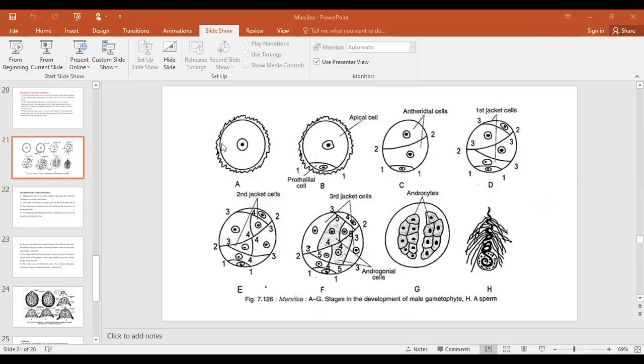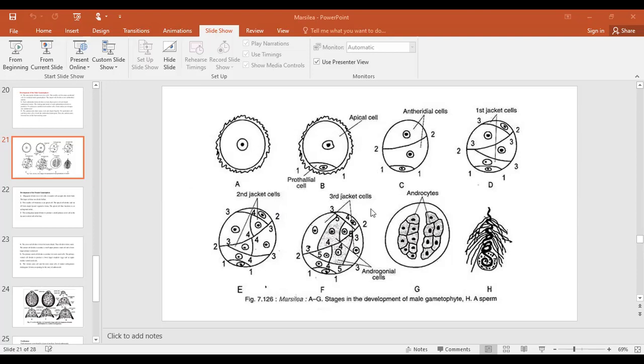The microspore has no such antheridium here. We can't call it an antheridium because the single microspore undergoes development and develops androcyte mother cells inside it. These androcyte mother cells are surrounded by jacket layers of cells: first layer, second layer, and third layer.